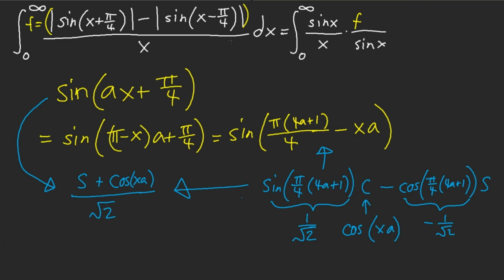So in that case, inverse sine of 1 over root 2 is pi over 4, equal to pi over 4 times (4a plus 1). Let's cancel it out. We can actually have multiple solutions. It could be pi over 4 or 3 pi over 4. But let's test this out though. So 1 cancels a 0. So a is equal to 0.